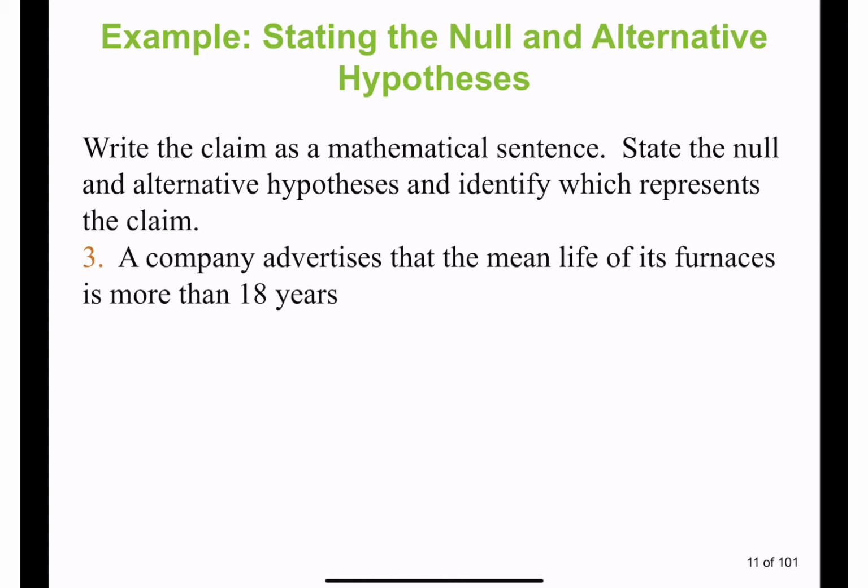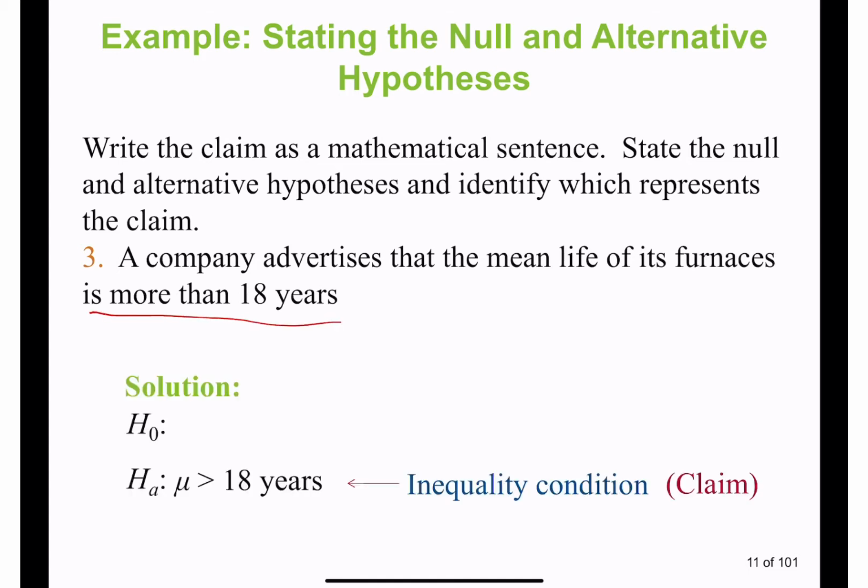Okay, is more than 18. What do you think? Will it be null or alternative? Of course, it's going to be alternative, because it's more than. It doesn't say at least. So let's see. And indeed, more than, because equal sign is missing, that is going to be the claim. And null is going to be mu less equal 18 years. Okay.